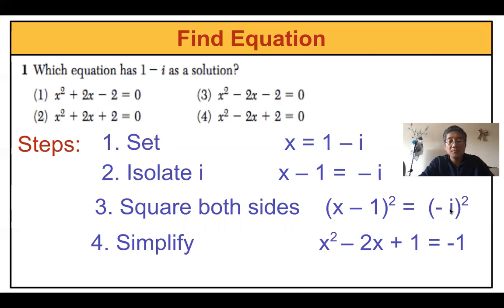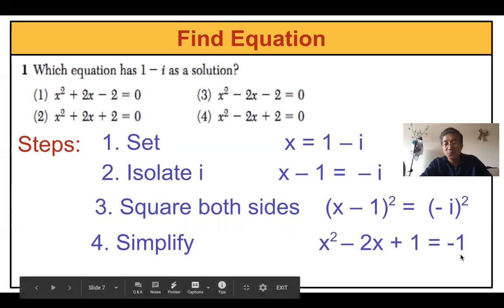So positive and i squared. What is i squared equal to? Negative 1, right? Now finally, what do you do? You move negative 1 to the other side by inverse operation, plus 1 on both sides. So x squared minus 2x plus 2 equals 0, which is choice 2 is the answer.